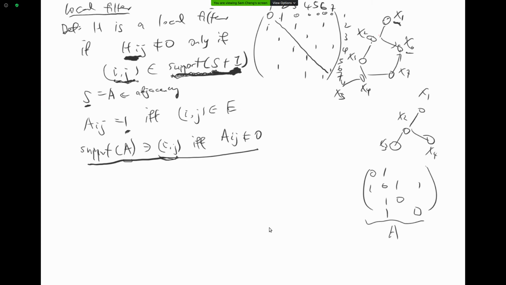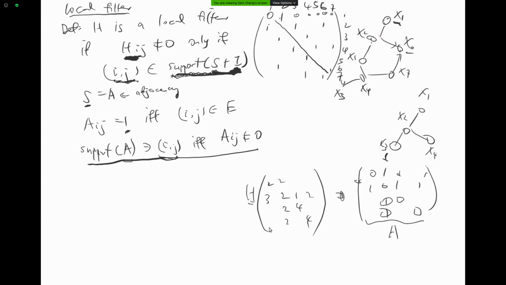Then the support of A plus I, or S plus I here, will be, I can have some H here. It can have non-zero values here, here, here, here, here, right? And also the diagonal. So for example, I can have a filter like this: 3, 2, 1, 2, let's say 2, 2, 4, 4.